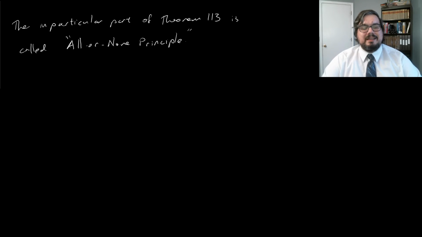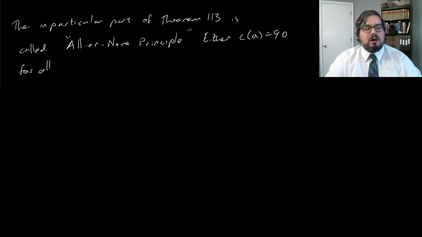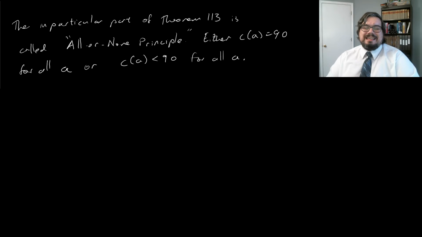What this means is that either C of A is equal to 90 for all A, or C of A is less than 90 for all A. The critical function being equal to 90 was equivalent to saying that the parallel postulate holds, that there's only one line through a given point parallel to another given line.